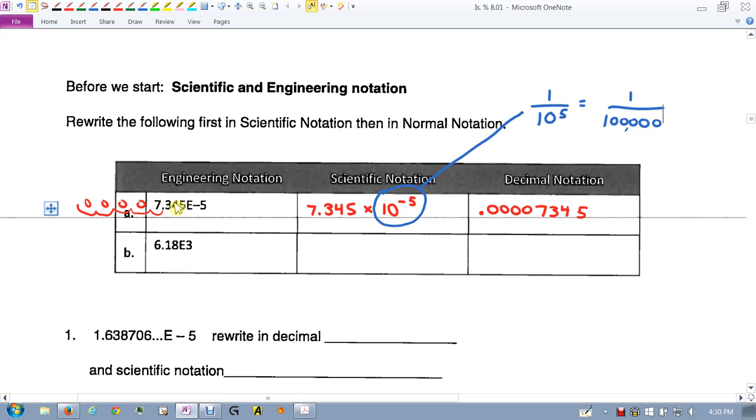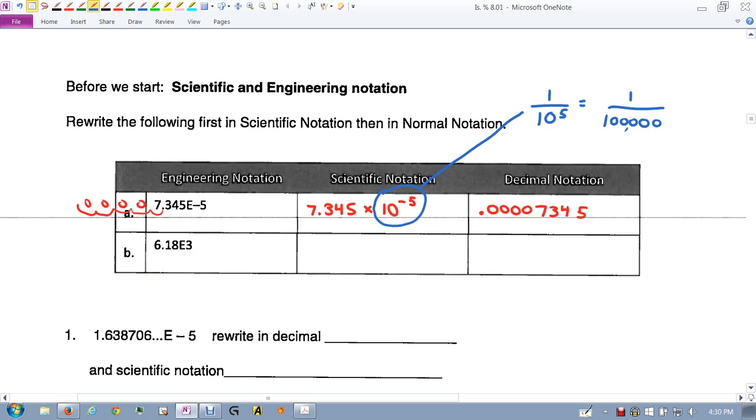So all this is three different ways of writing the same exact number. This is called engineering notation, this is scientific notation, this is decimal notation. So when we see negative numbers up here like this, it usually means this is a very small number. If we see positive numbers up here, it's going to mean it's a big number, as this next one illustrates.